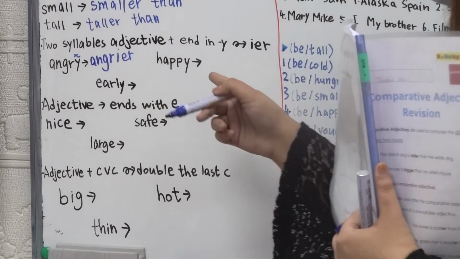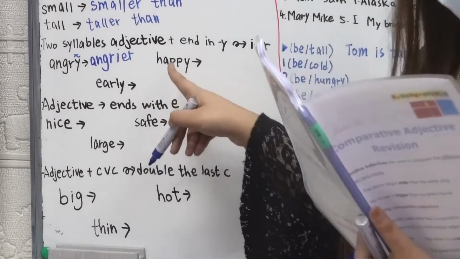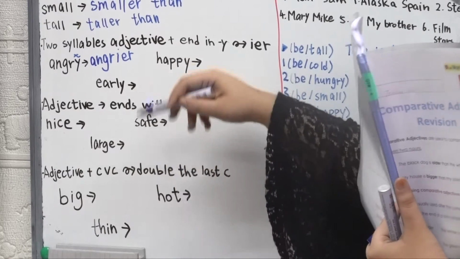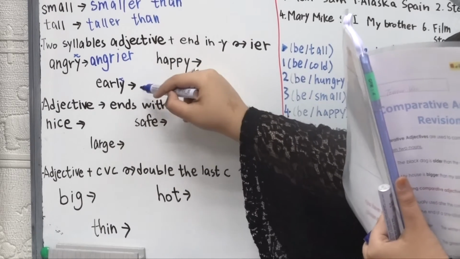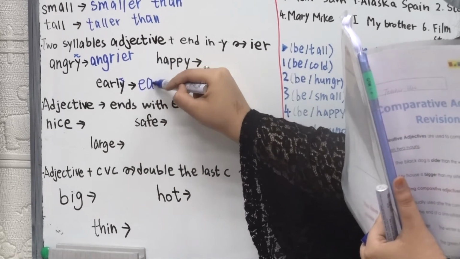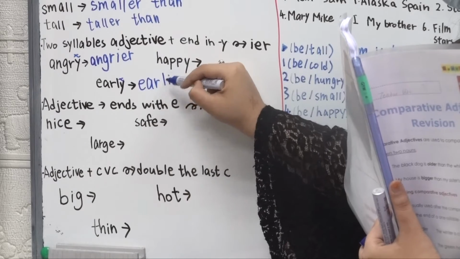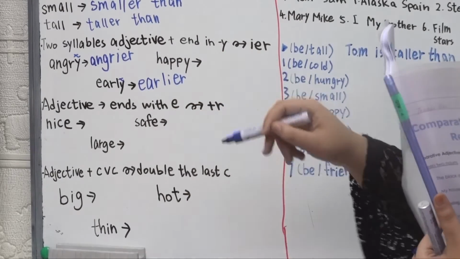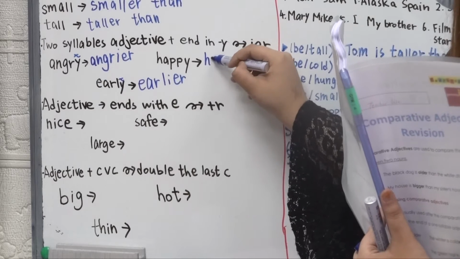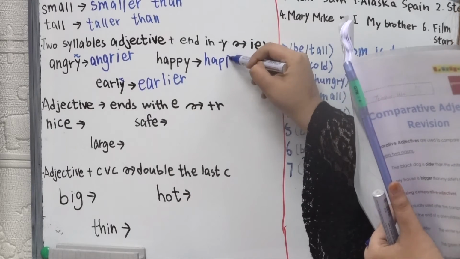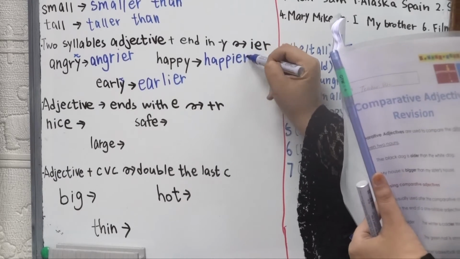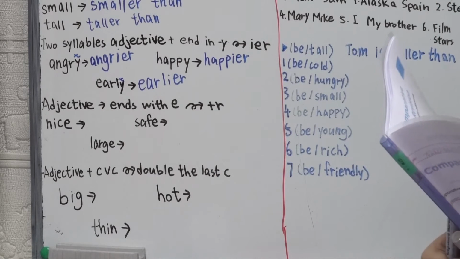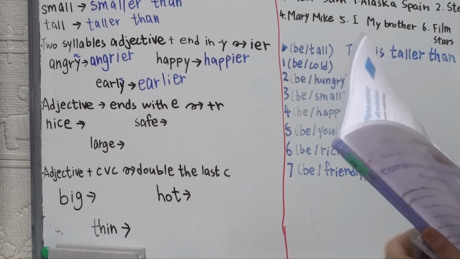And then here, early becomes earlier because it ends with Y. We cross out the Y and add IER. Go on, happy, very easy, becomes happier. So there are a few examples in your book. I came home earlier than my sister. Next one.